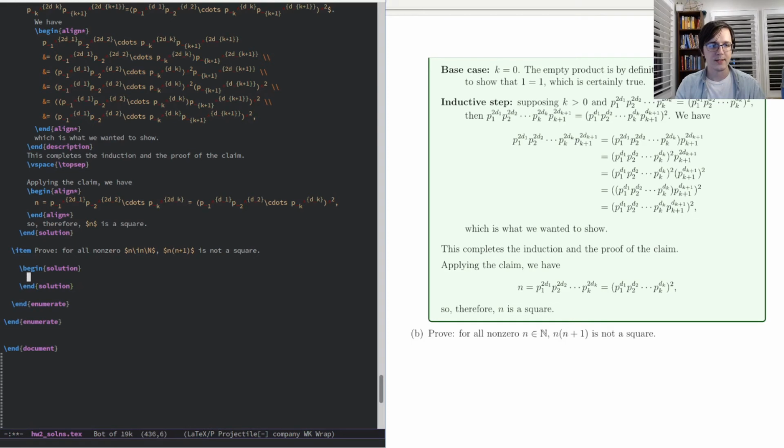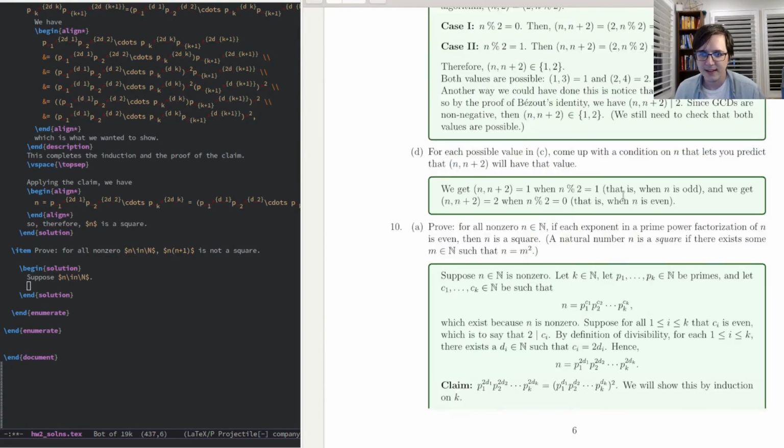We want to know that n times n plus 1 is not a square. So suppose n is in the naturals, and we're trying to show it's not a square. What was my wording before for this?